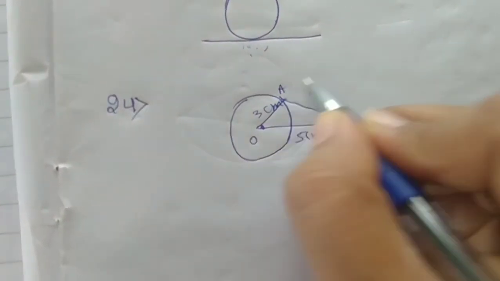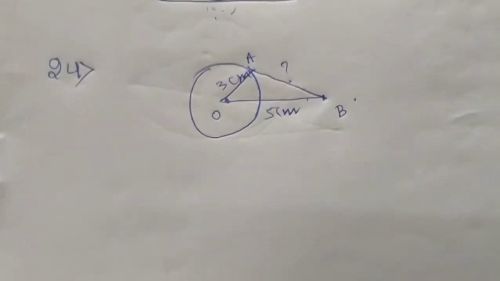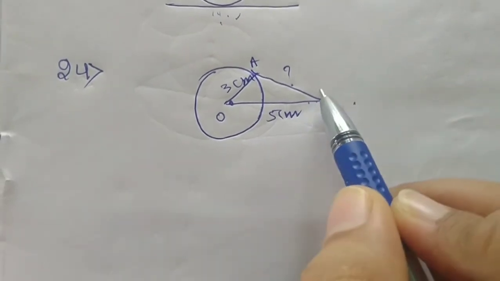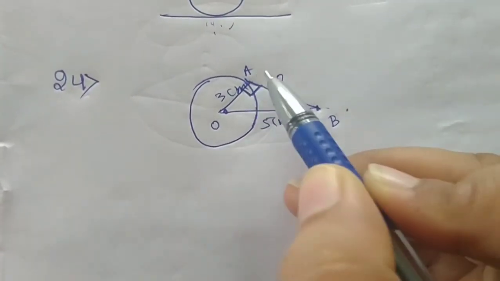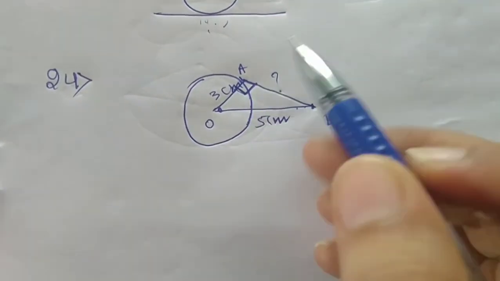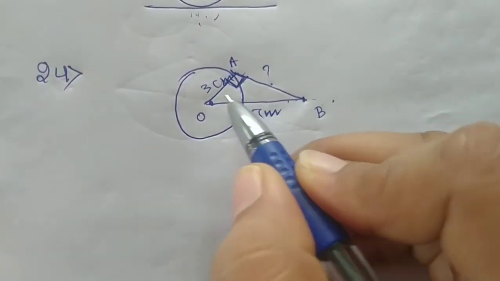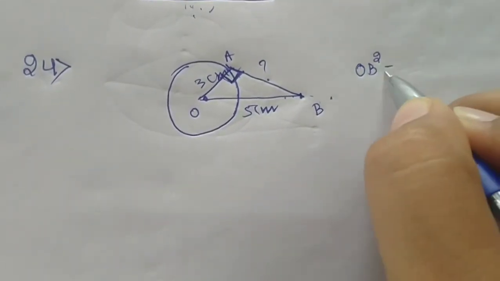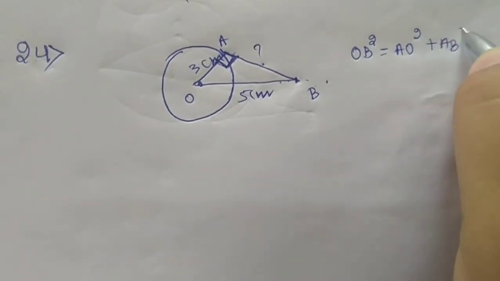I will give the name as AOB, any name you can give. Now you have to find the value of AB, the length of the tangent, by using the Pythagoras theorem. You can see this angle is 90 degrees, so opposite to this will be the hypotenuse. So OB square is equal to AO square plus AB square.